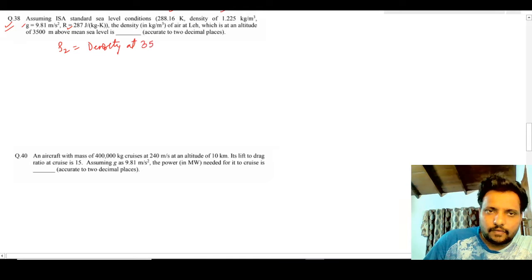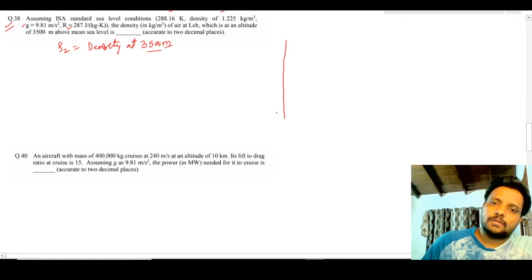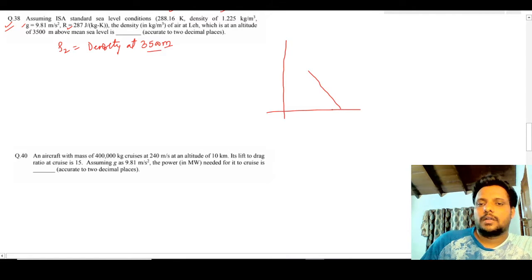at 3500 meters. We know that this 3500 meters, which is 3.5 kilometers, falls in the range of the first layer of the atmosphere, and the first layer of the atmosphere is a gradient layer in terms of temperature.